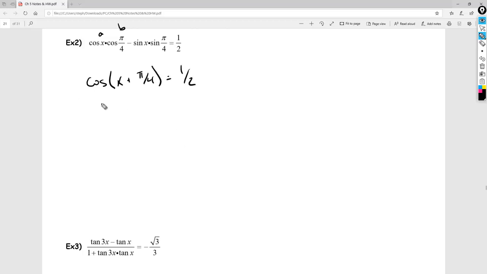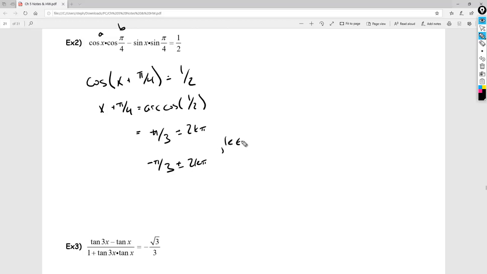Alright, great. So I can apply arc cosine at this point of 1/2, which is going to be pi over 3 and negative pi over 3, plus or minus 2k pi, where k is an integer.